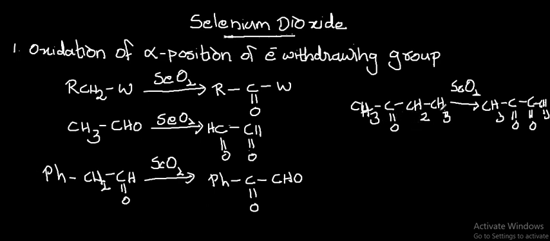That will be the major product. And of course, a minor product will also form, that is CHO C=O CH2CH3. That is the less substituted carbon getting oxidized. That will be the minor product.